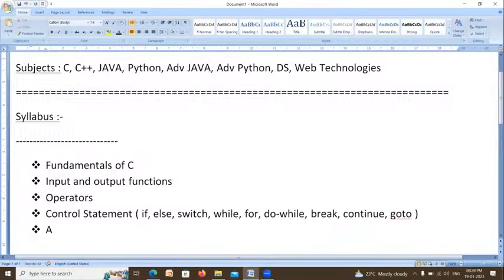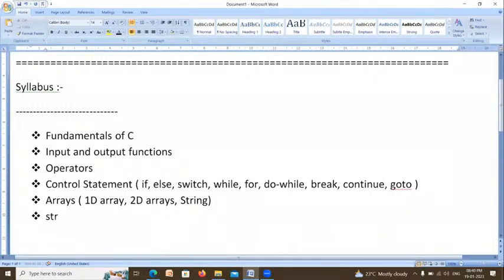Now I will explain the concept of arrays. It contains 1D arrays, 2D arrays, strings. Then I will explain structures, unions, enumerators, typedef, which means user defined data types.